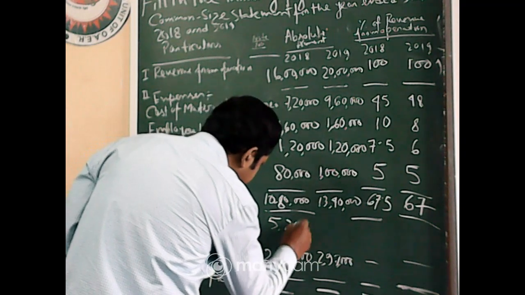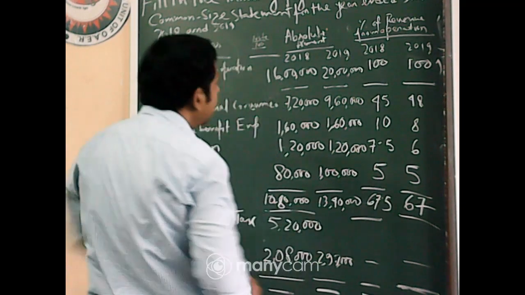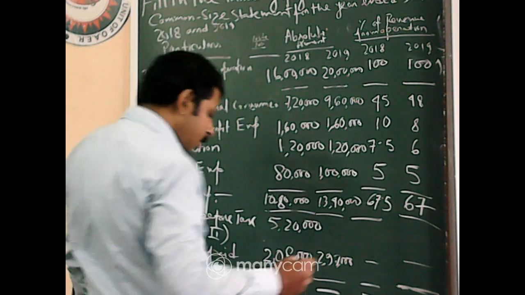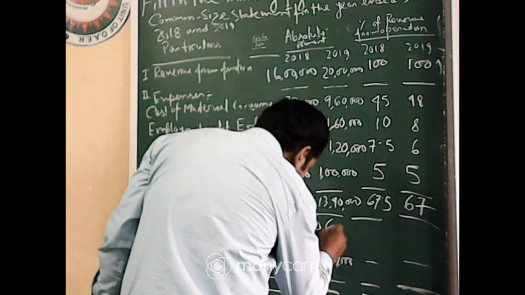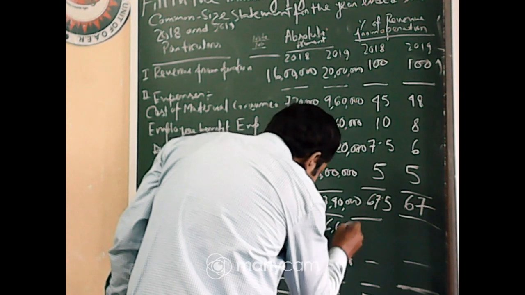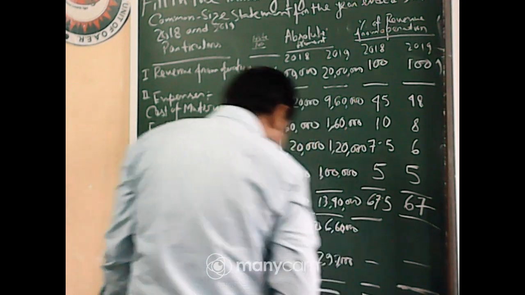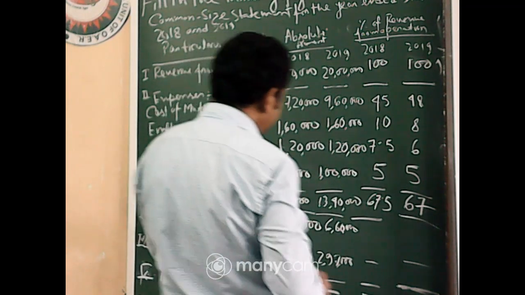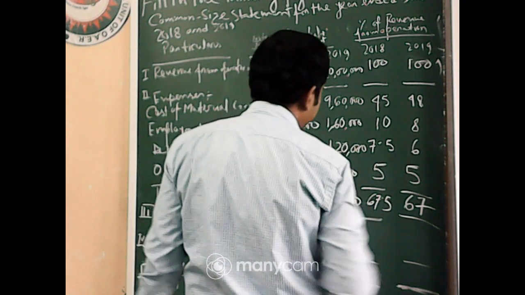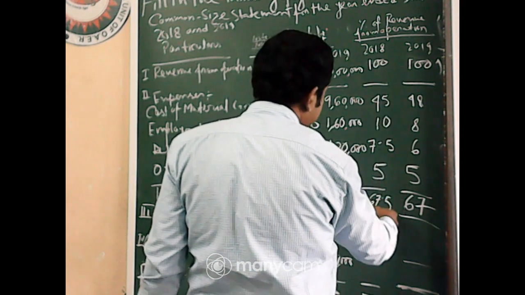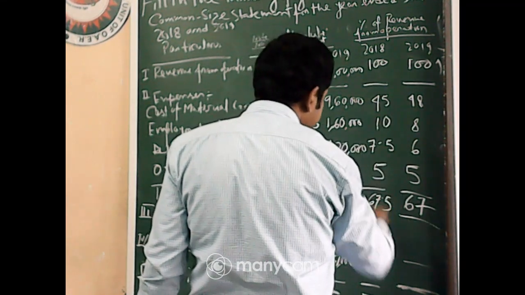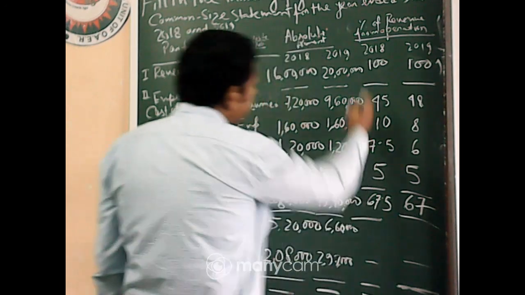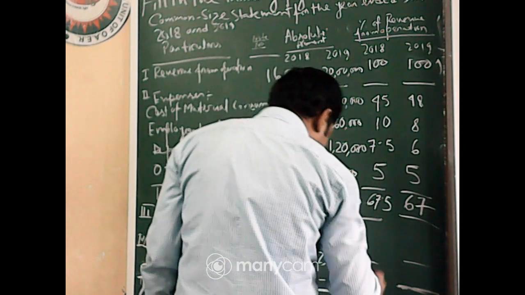5 lakh 20,000. And here total income is 20 lakh and total expenses is 13 lakh 40,000. What will become? 6 lakh 60,000. And again you have to calculate the percentage, and that percentage, you can do 100 minus 67.5, that is 32.5.